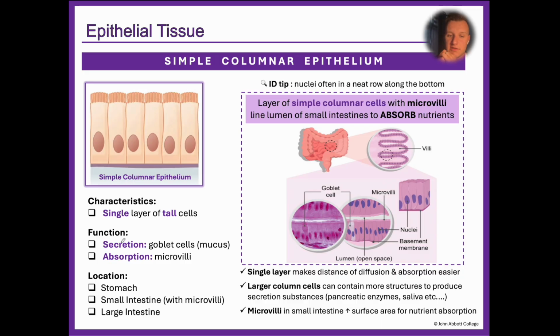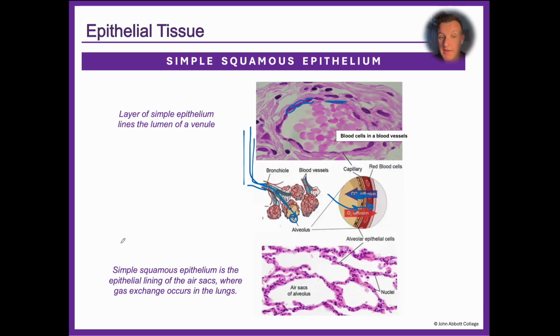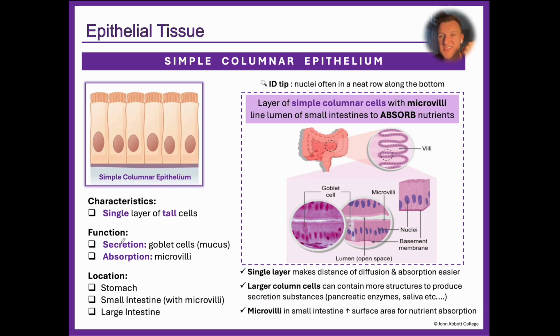And their function is interesting. They secrete certain substances. They're bigger than the simple squishy cells. The squishy cells really don't make much. They're just lining there, and they're a tiny barrier, and they allow things through. This one actually has a big nucleus, right?